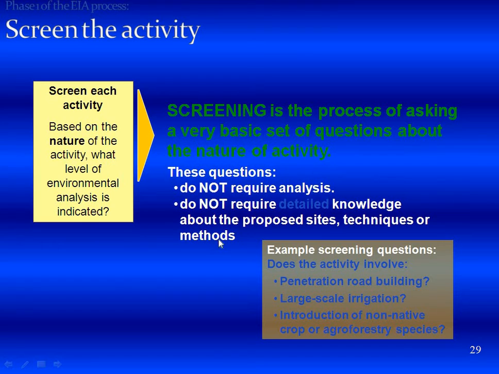Screening phase: screen each activity based on the nature of the activity, to decide what level of environmental analysis is required. Screening is the process of asking very basic sets of questions about the nature of the activities. These questions do not require analysis, and do not require knowledge about the proposed sites, techniques, and methods.